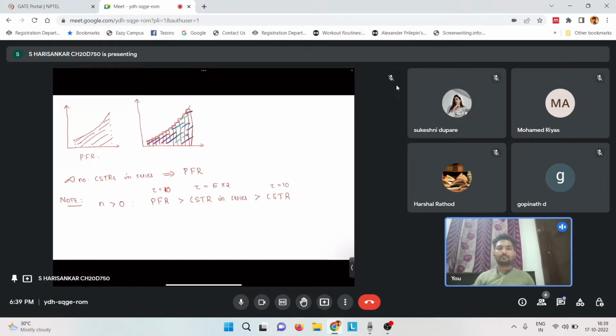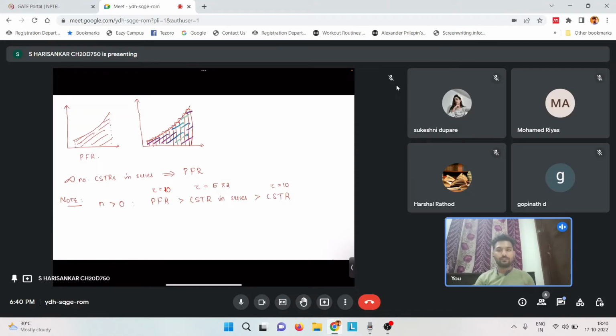That means the total volume of the PFR, the CSTRs in series and the CSTR is constant here. In such a case, you will have the best conversion in PFR. This will be followed by a decent conversion in CSTRs in series, and then you'll have the least conversion in the single CSTR compared to these three.